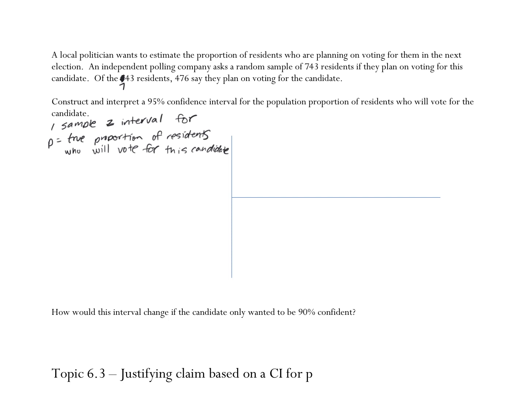Well, it's close, except we're not trying to estimate the number of people who are going to vote. It's the proportion, right? So that 476 on its own isn't right. Okay, but our best estimate is in fact P hat, which is 476 out of 743.